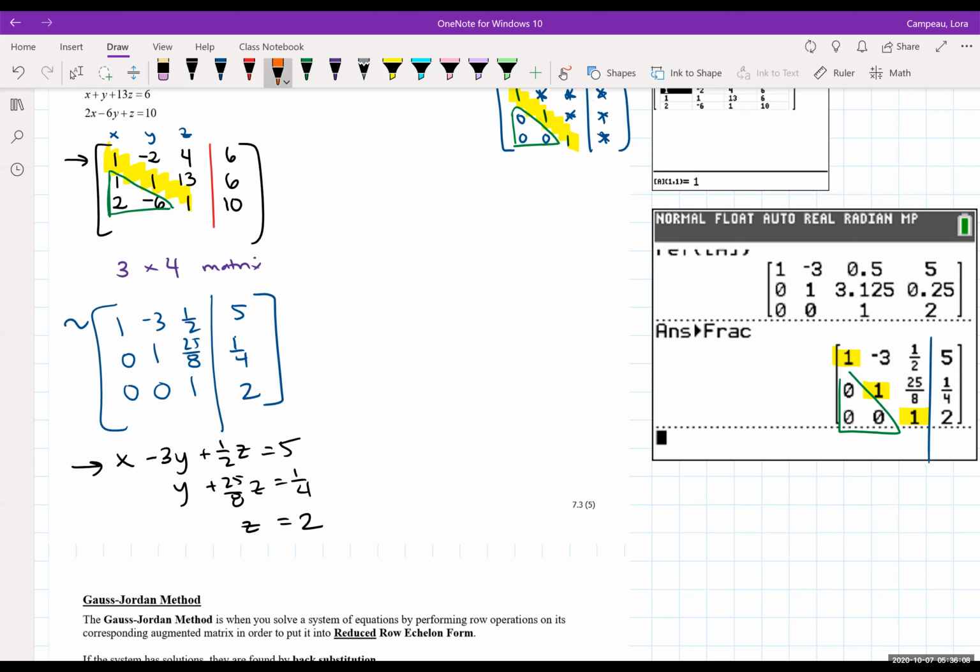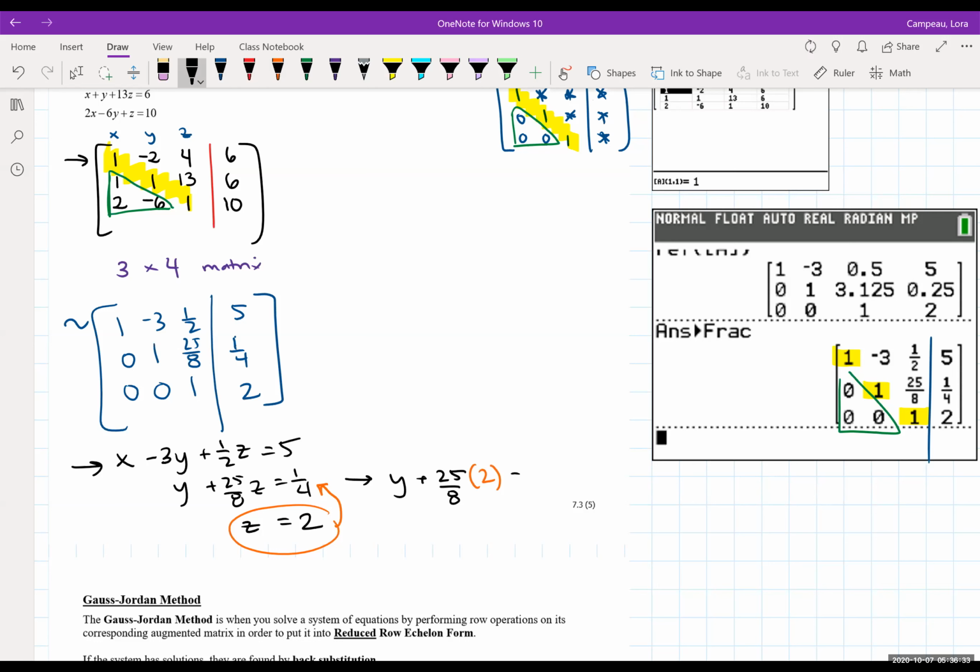So right away, you see we've got our solution, at least the z part. What back substitution is telling us to do is go backwards. If z equals 2, that leaves us with y plus 25/8 times 2 equals 1/4.